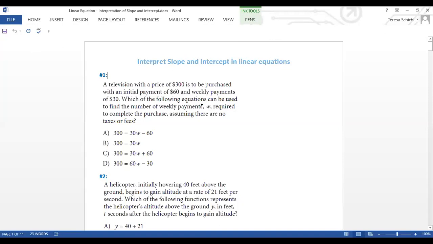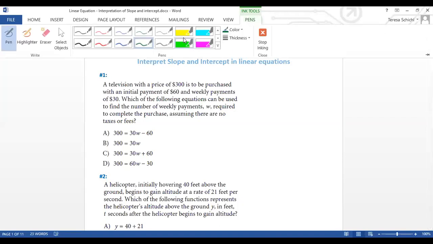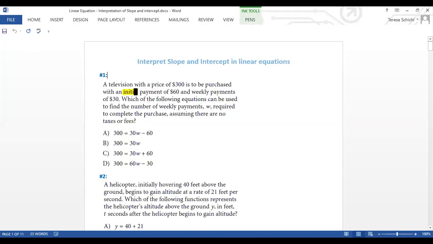They tell you a television has a price of $300 to be purchased with an initial payment. You highlight here: the initial payment is $60. And then you're also going to have weekly payments of $30.